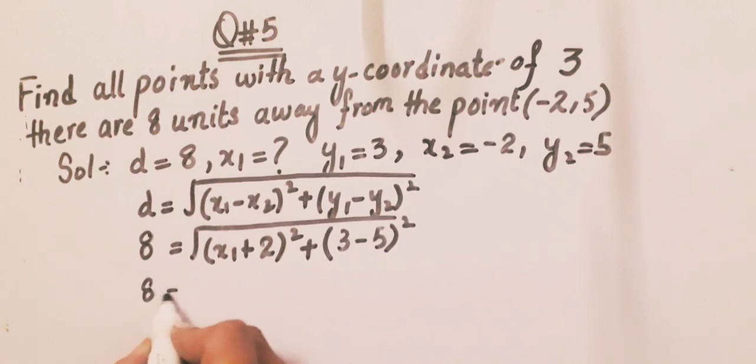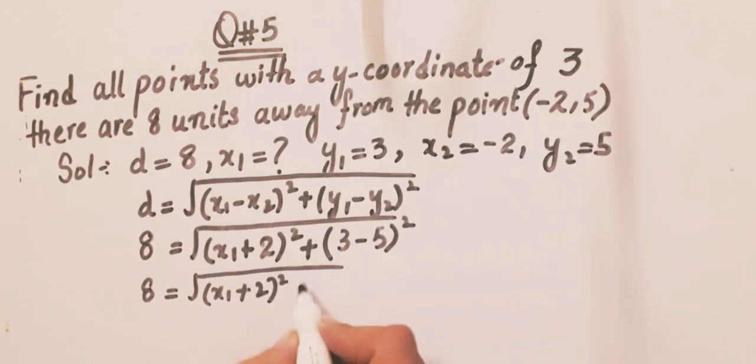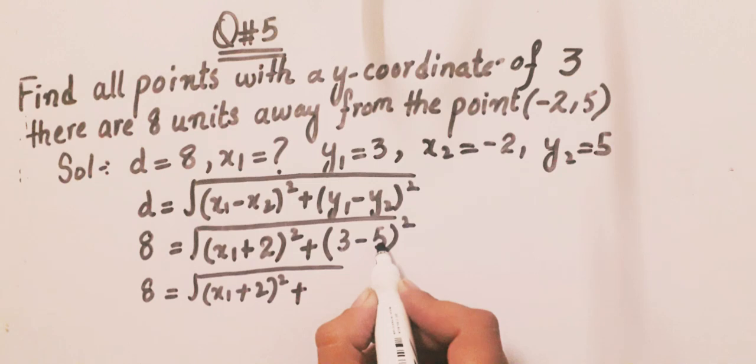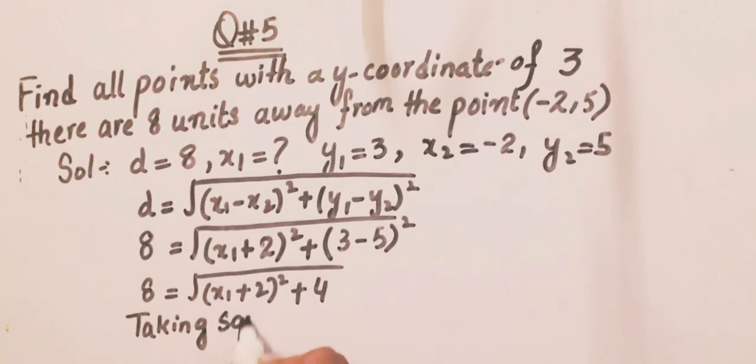So 8 is equal to square root of x1 plus 2 whole square plus 3 minus 5 is minus 2. So minus 2 square is 4. Now we will take square on both sides.